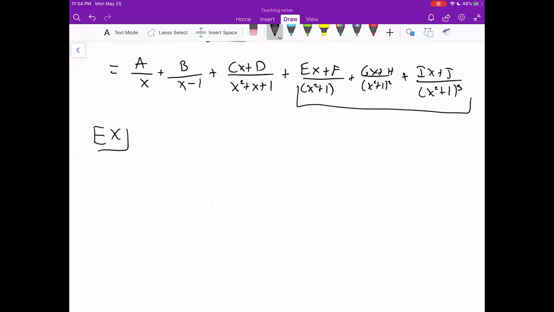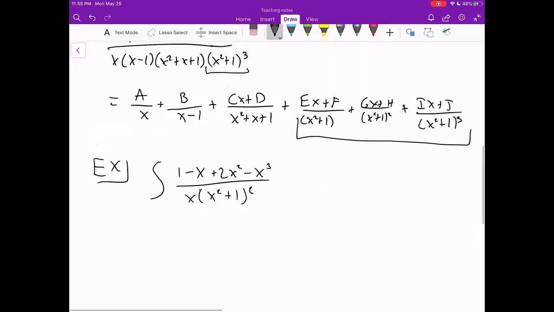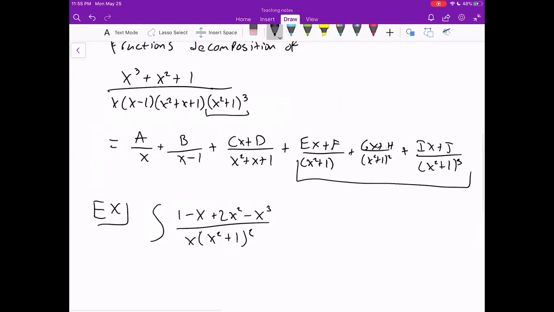We want to evaluate the integral of 1 minus x plus 2x squared minus x cubed divided by x times x squared plus 1 squared. I didn't really point it out, but the degree of the denominator in the example above is way larger than the degree of the numerator.